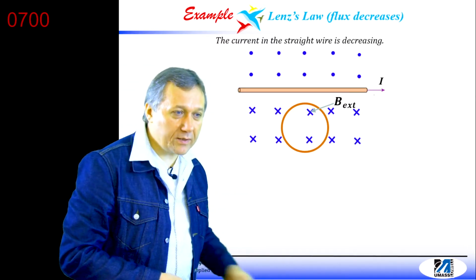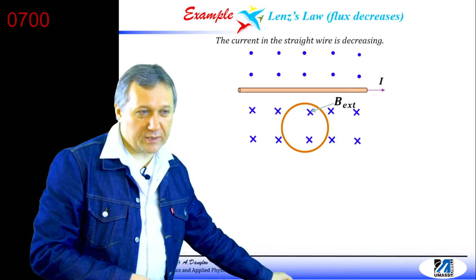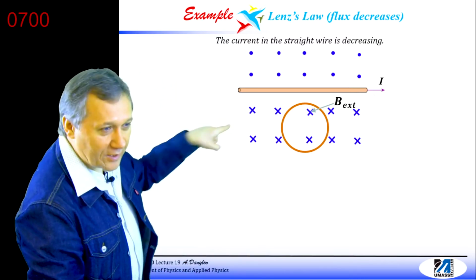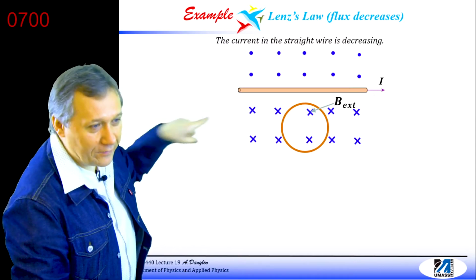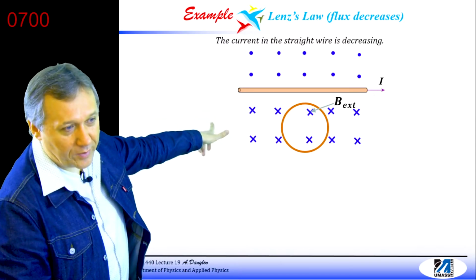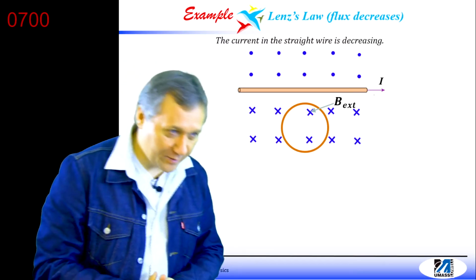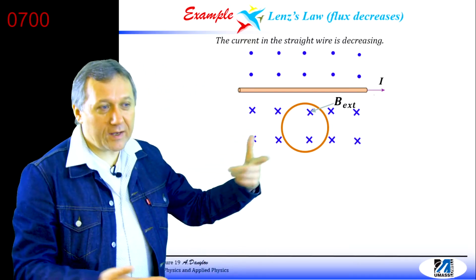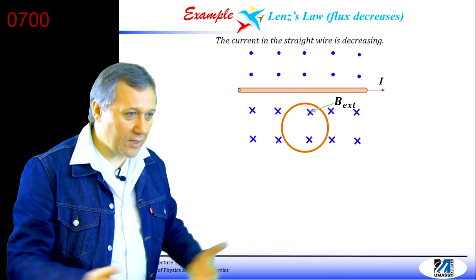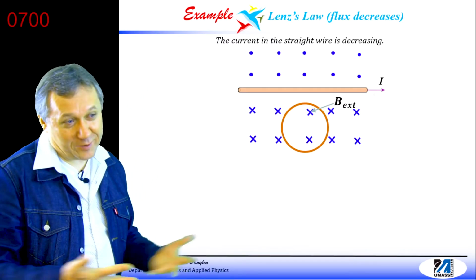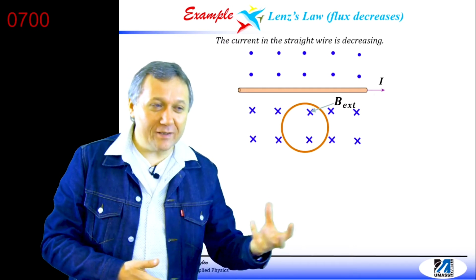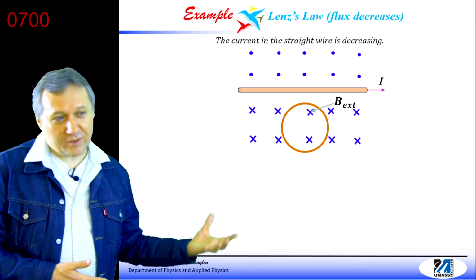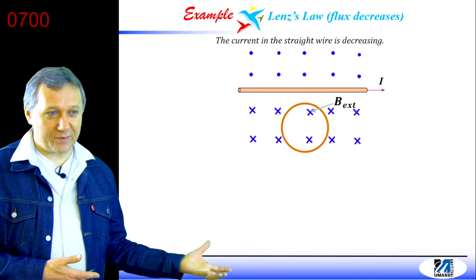I usually pick it in the direction of the external magnetic field to make that angle 0. If the external magnetic field is into the screen and the area vector is into the screen, they are parallel and the angle between them is 0. That's what I usually do. But if you pick it out, the angle will be pi. Nothing wrong with that, just the value of the angle will be different. In both cases the angle will be constant and doesn't change the magnetic flux.